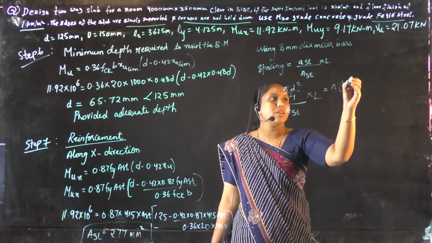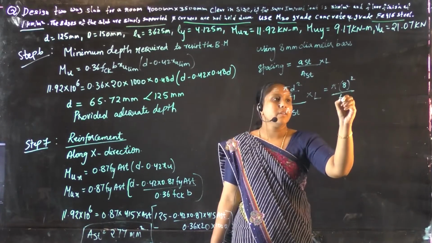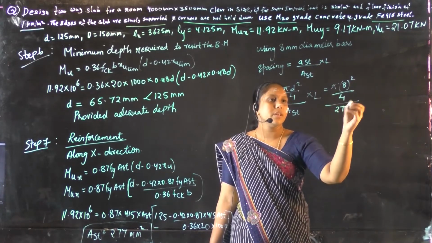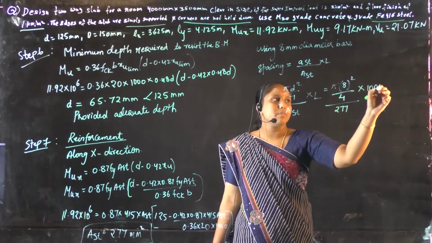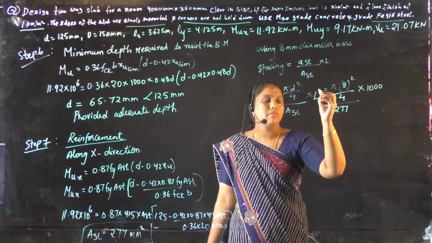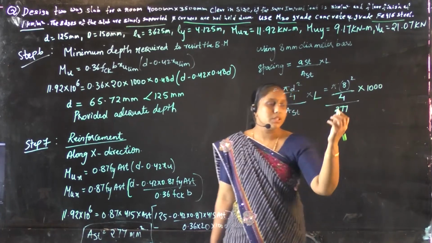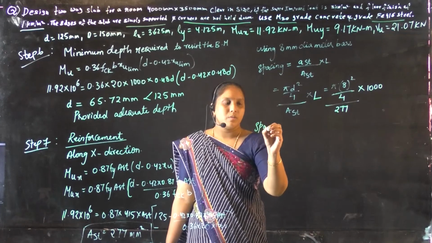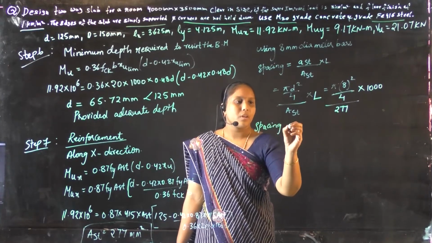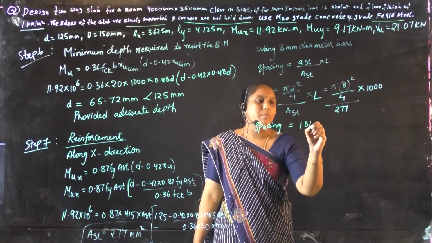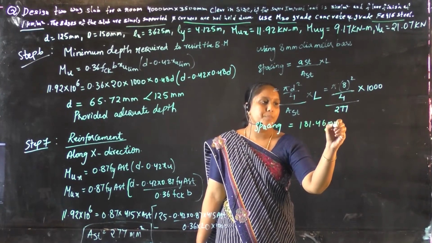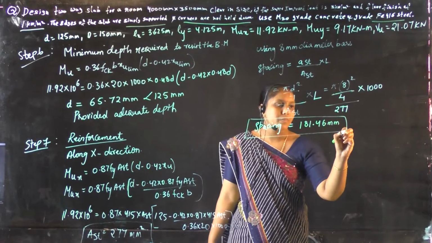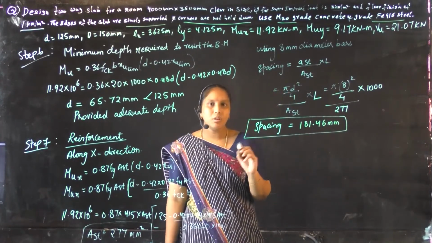Here it is 8, whole square divided by 4, divided by AST. The value we got is 277, into L, which is 1000 mm, since we are calculating for 1000 mm. So if you solve this, you will get a spacing of 181.46 mm. So this is the spacing we have to provide.